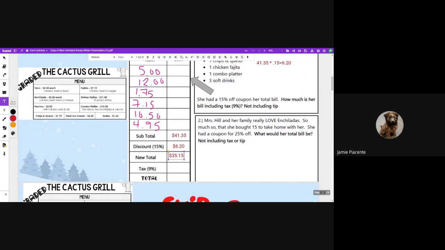Now, we need to do tax to our new total. So we're going to take for tax 35.15, multiply it by my 9% tax in decimal form, so 0.09, and that equals 3.1635, so $3.16.